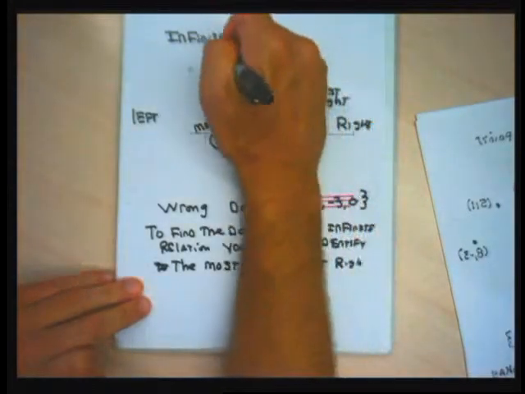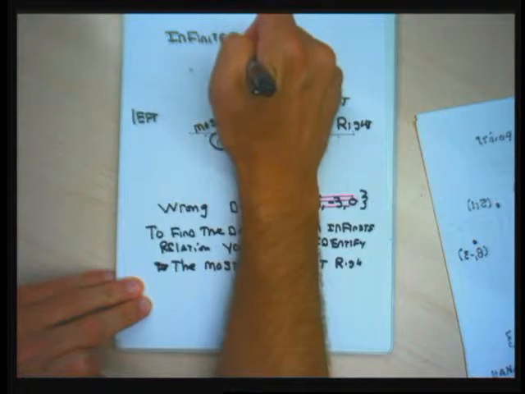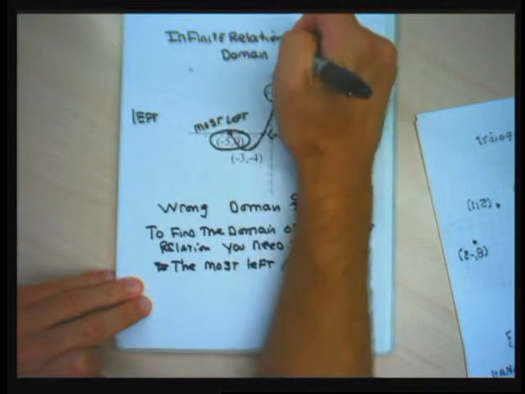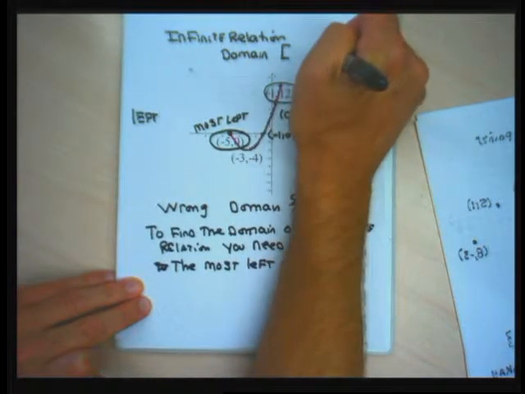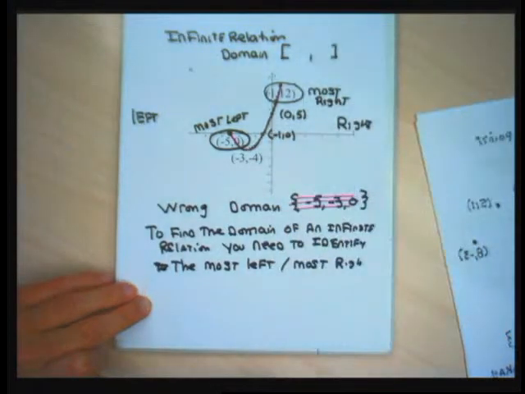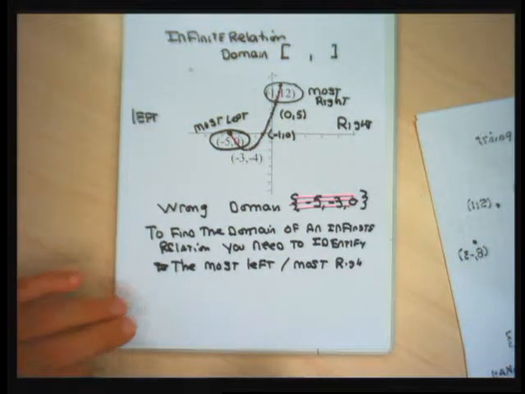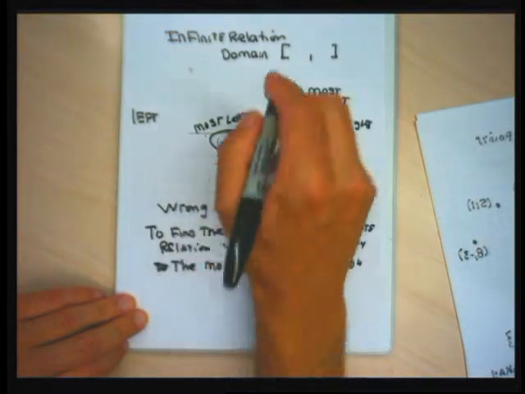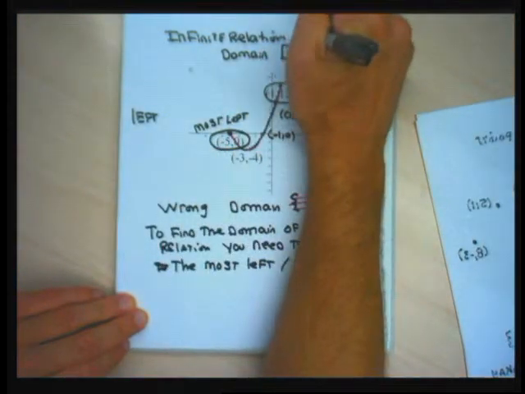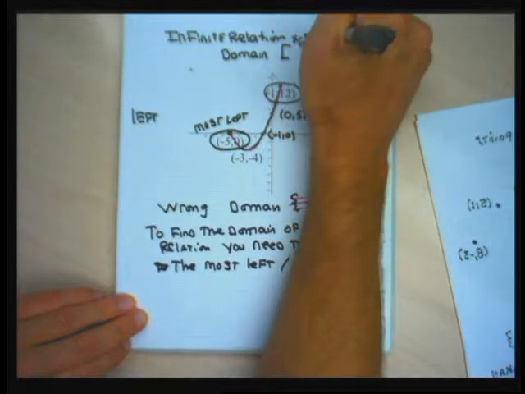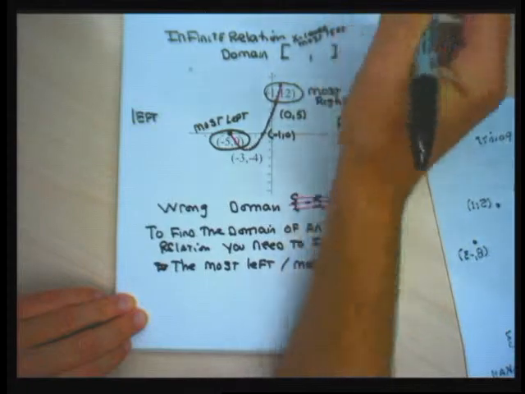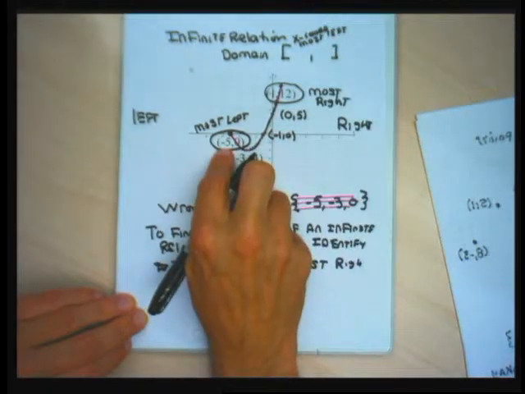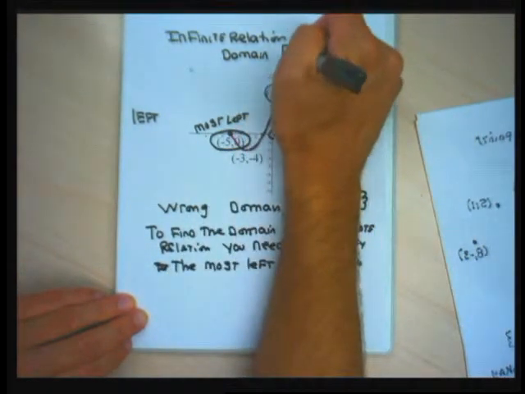And in this problem, where you have an infinite graph and the endpoints are part of the graph, to write the domain down, you write square brackets as opposed to the squiggly set brackets. The first number I write is the x coordinate of the most left point. And the most left point is the point -5, 0. Its x coordinate is -5.